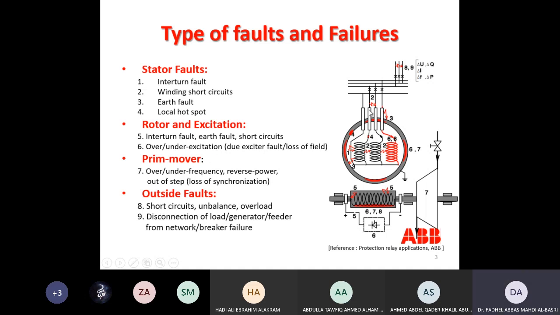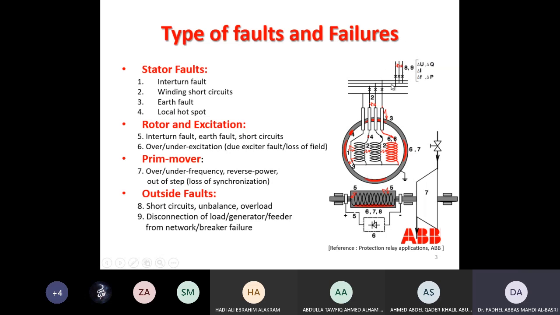There are also possibilities of outside faults in the network. These are feeders that go from the main busbar to which this machine is connected. If there is a fault here, I will also detect those faults, such as short circuits, or unbalance conditions that can occur. Or a sudden loss of this feeder, so the machine will be under loss of load.